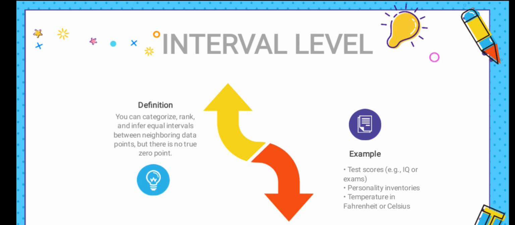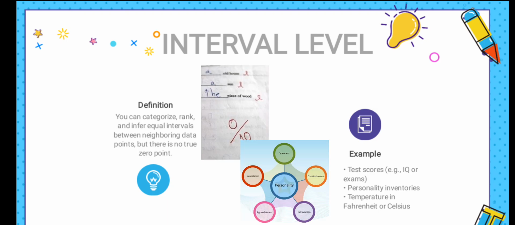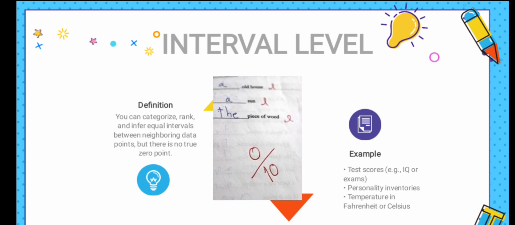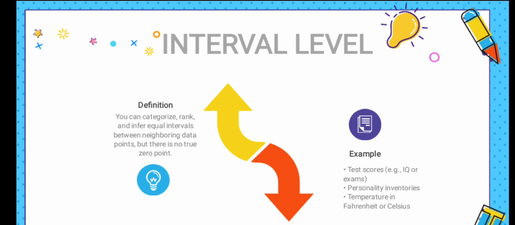The same is true for test scores and personality inventories. A 0 on a test is arbitrary. It does not mean that the test taker has an absolute lack of the trait being measured. Examples of interval scales: test scores, your IQ or your exams, personality inventories, and temperature in Fahrenheit or Celsius.